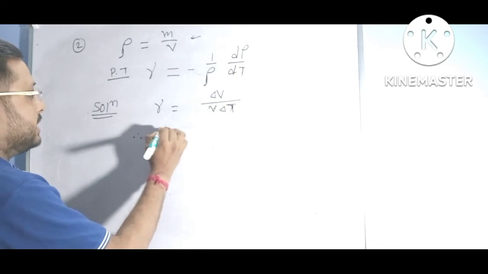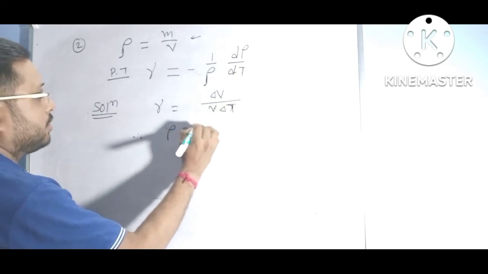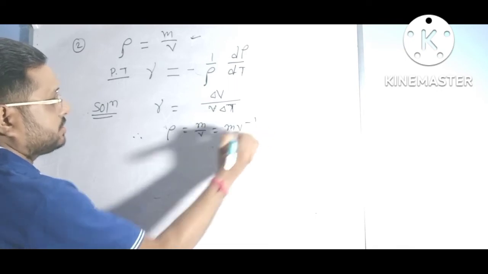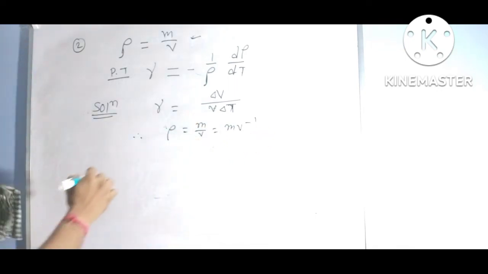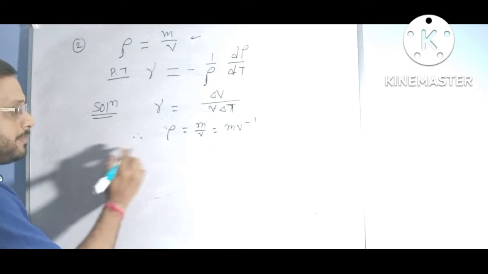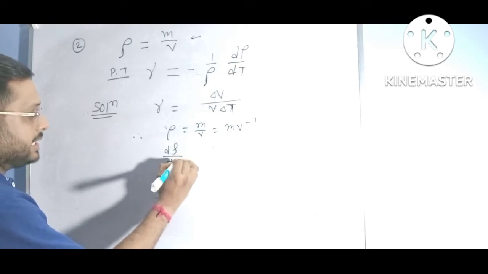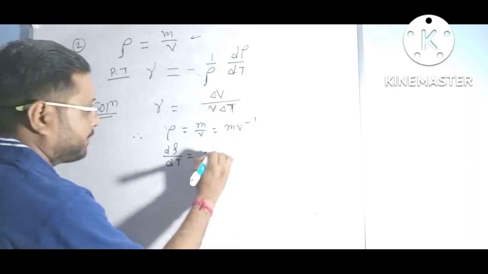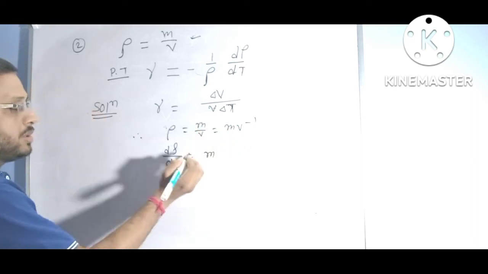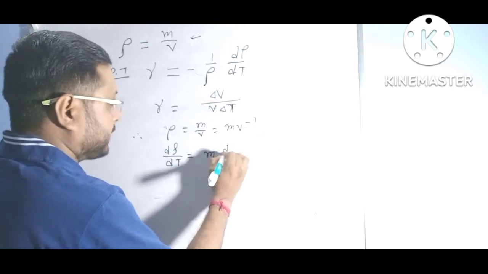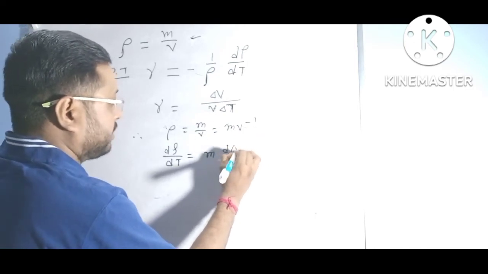Now the relation is rho equal to m by v, that is m v to the power minus 1. Differentiate with respect to temperature. Then we get d rho by dt is equal to m. Mass is constant, so we can take it outside the differentiation, and d by dt of v to the power minus 1.